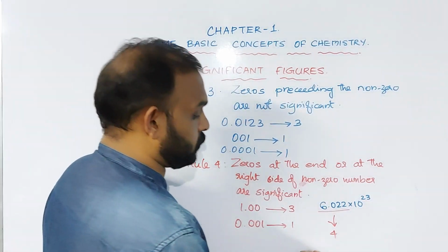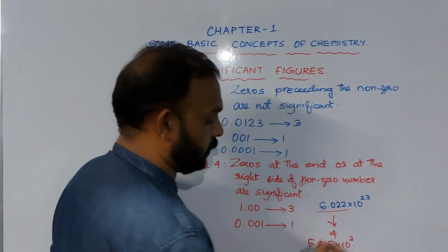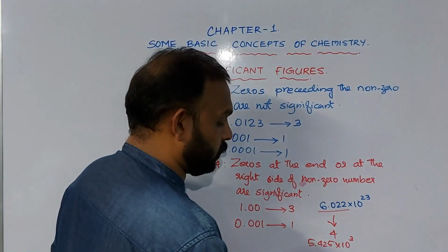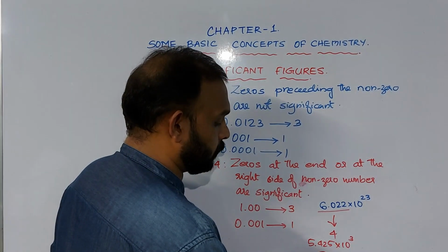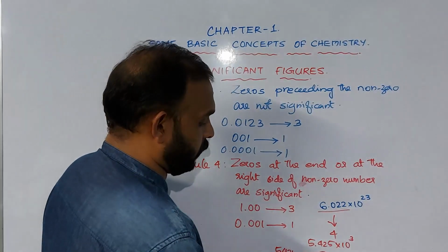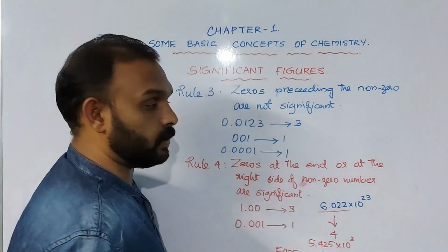Suppose 5.425 into 10 to the power 3. How many significant figures are here? We have 4 significant figures here. And 5425, how many significant figures? Here also we have 4 significant figures.